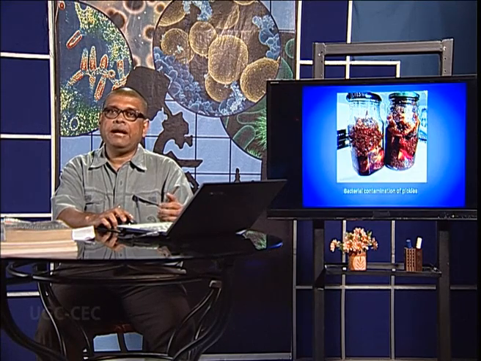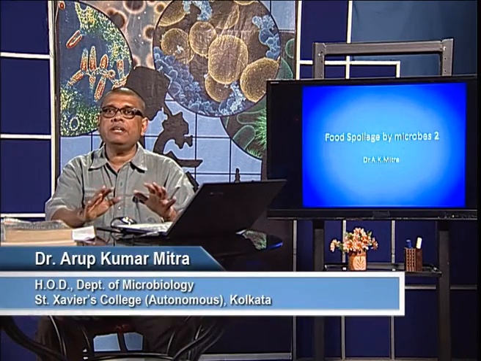In conclusion, we can say that microbes are present everywhere. Bacterial spores, fungal spores are present in air, and they may contaminate different fruits, vegetables, milk products, even alcoholic beverages. So what should we do to prevent it?